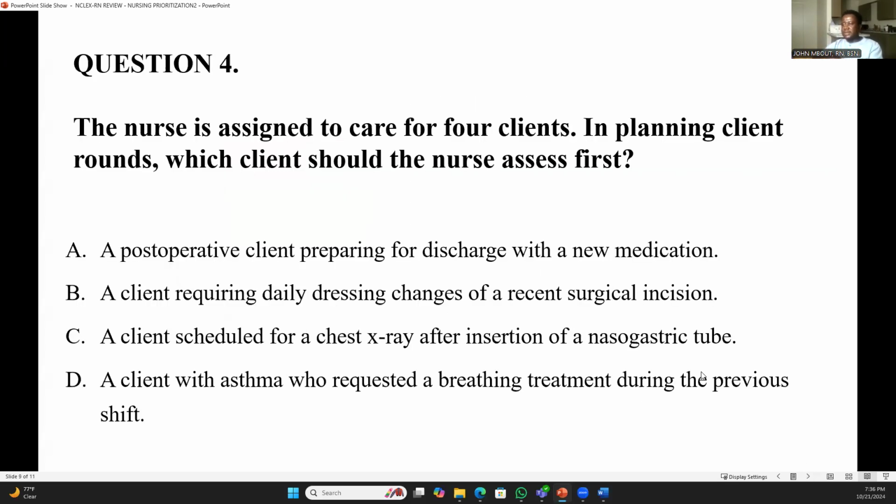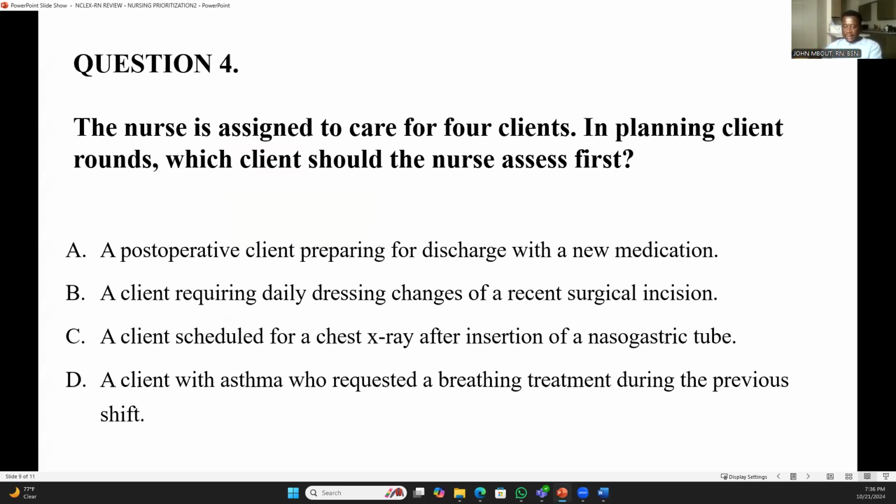The nurse is assigned to care for 4 clients. In planning client rounds, which client should the nurse assess first? These are 4 clients. Remember our rules. A, a post-operative client preparing for discharge with a new medication.